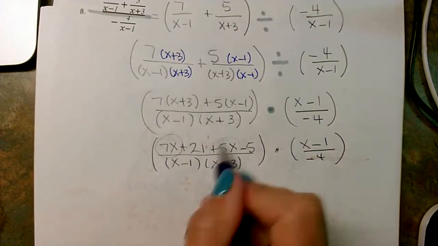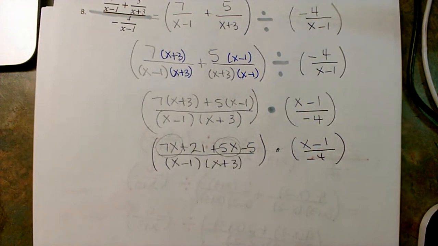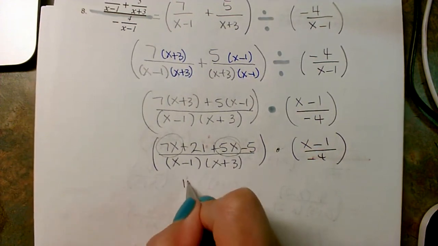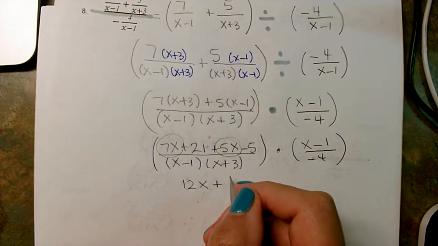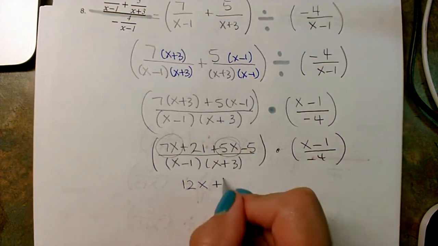So we have a 7 plus 5, that will be 12, right? So that's going to be 12x. 21 minus 5, 16.